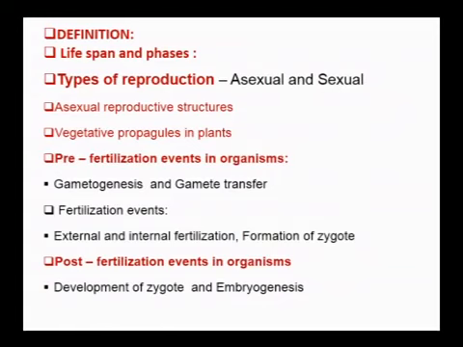Then we talk about vegetative propagules in plants. Then we talk about different stages of fertilization in sexually reproducing individuals, which includes pre-fertilization events like gametogenesis and gamete transfer, fertilization events that include external and internal fertilization and formation of the zygote, and post-fertilization events which include the development of the zygote and also embryogenesis.